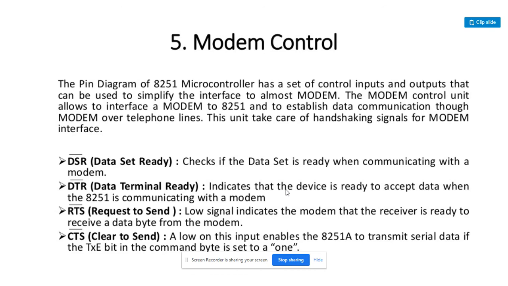This is a low signal that indicates to the modem that the receiver is ready to receive the data bytes from the modem. One is called clear to send. A low on this input signal enables the 8251 to transmit the serial data if the transmit enable bit is commanded by the byte to 1.